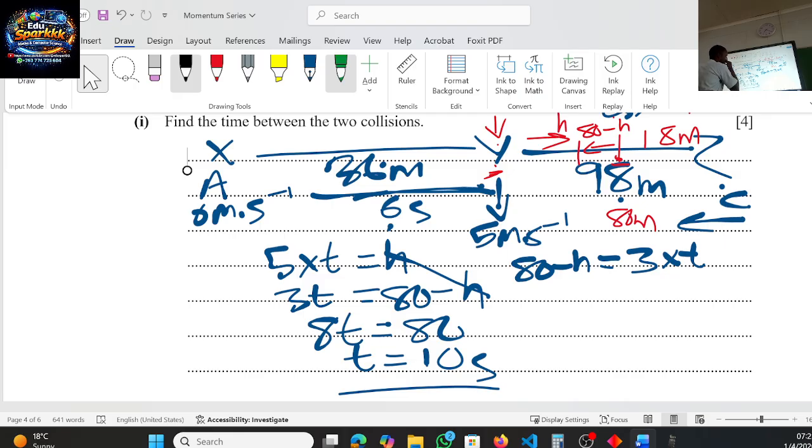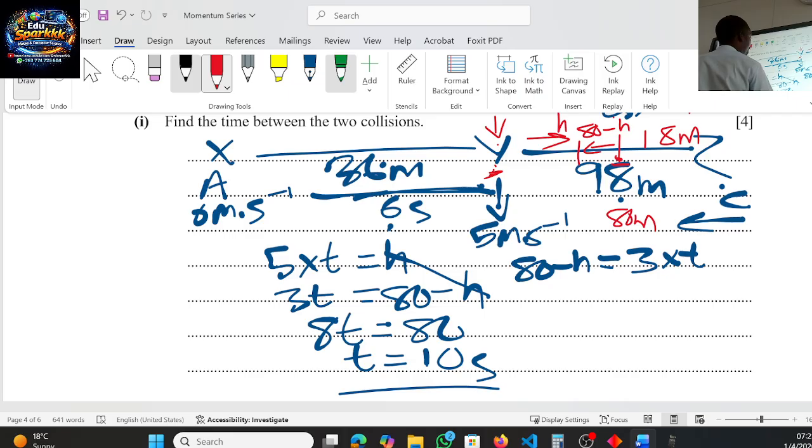Then, 10 seconds, let's have a look at the next problem, because the 10 seconds is the time they take to collide. But those 10 seconds would assist us in finding the distance that will be covered. Let me have the distance in red. In the 10 seconds after object D is moving, how far will it have moved?